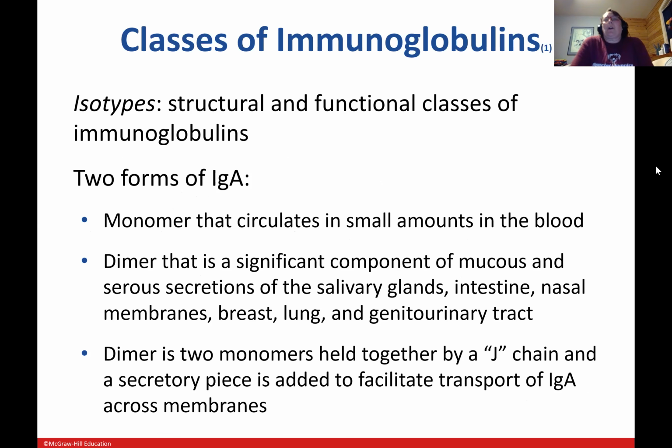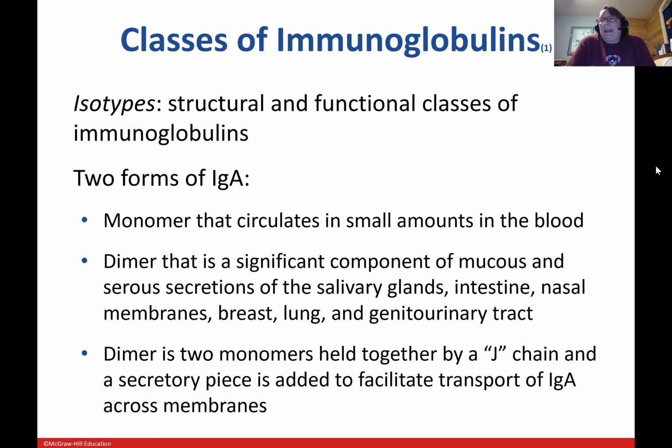Okay, so there are 5 different classes of immunoglobulins. One of those is referred to as IgA. That is one of the isotypes. The IgA actually has 2 different forms that it can take.